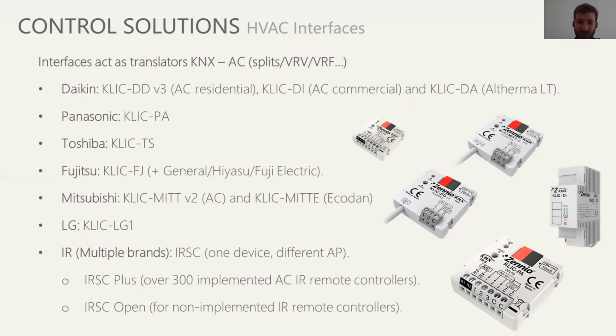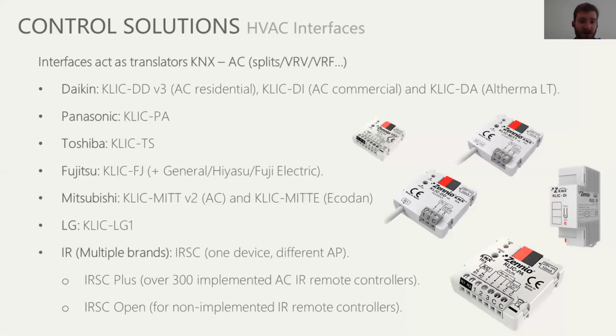Interface for Mitsubishi, so you would have Click MIT version 2 for the AC units, and Click MIT E for the Ecodan unit. Ecodan and Altherma are heat pumps which can also produce cold, so they are full production systems for hot water, heat pumps for underfloor heating, and they can also produce chilled water or whatever refrigerant for fan coils or for an AC unit.